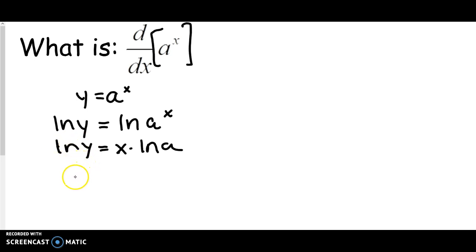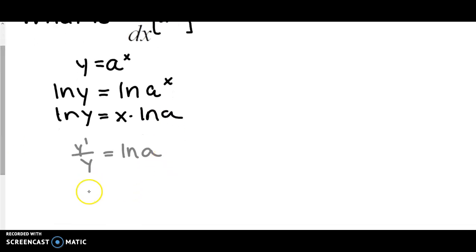Its derivative is y prime over y. If you're not sure where this is coming from, then you probably need to look back at our previous notes. Here, again, I don't need to use our product rule. It's just the natural log of a. And you're wondering, why? Because this is x to the first power times a constant, so it's just the constant. All right, then we're almost done here.